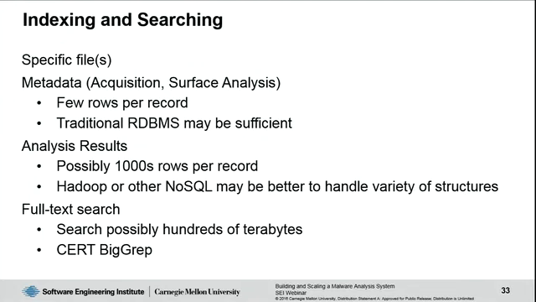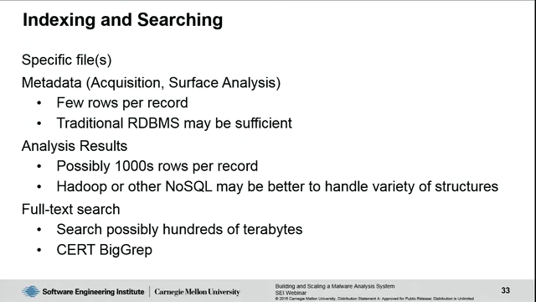We've got people looking for a specific file or a set of files, and they're usually coming up with a list of MD5s or SHA-256s and saying, give me these. That's pretty straightforward. Then we have the metadata, like the acquisition or the surface analysis, where there's only one or two rows probably per record, and a traditional database system can be sufficient for that sort of thing.